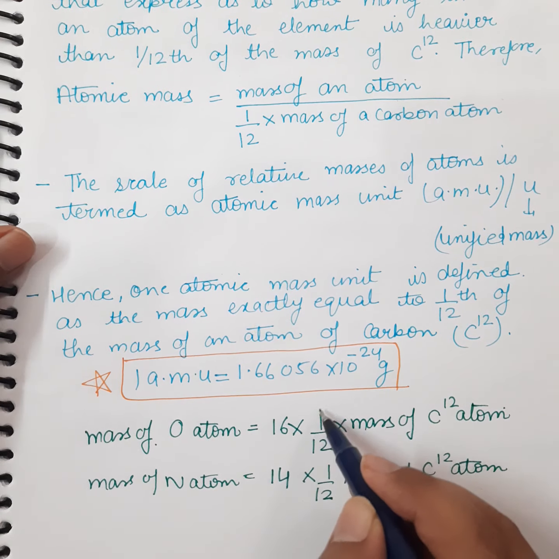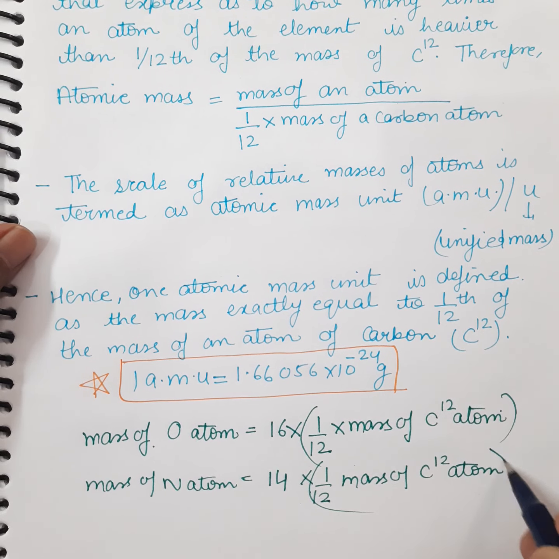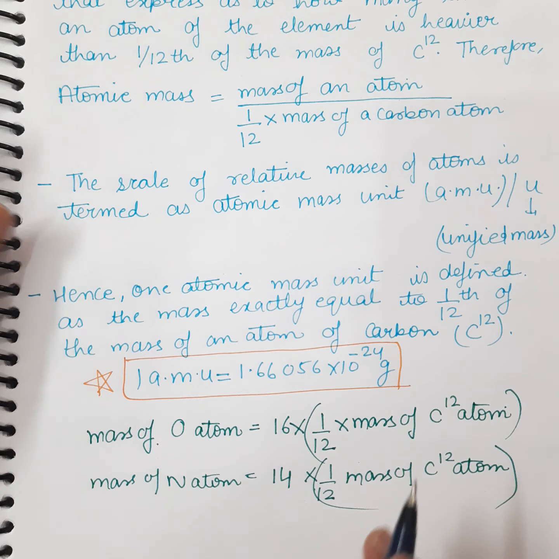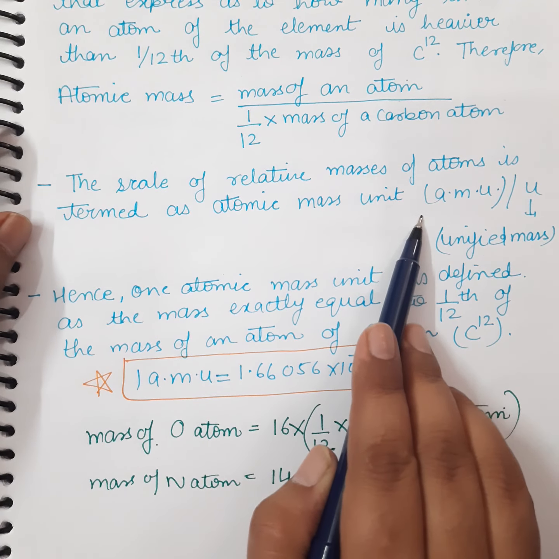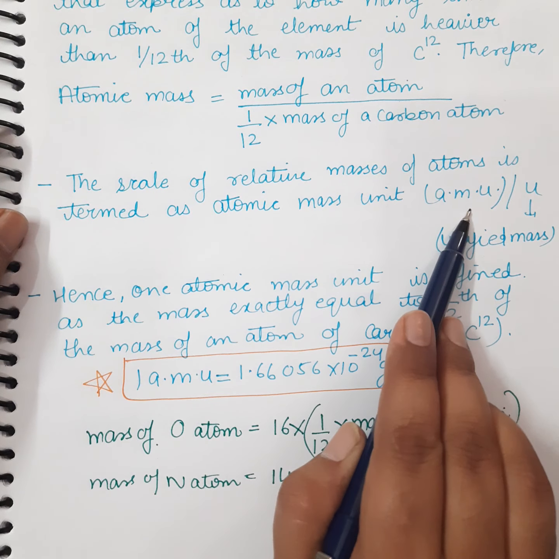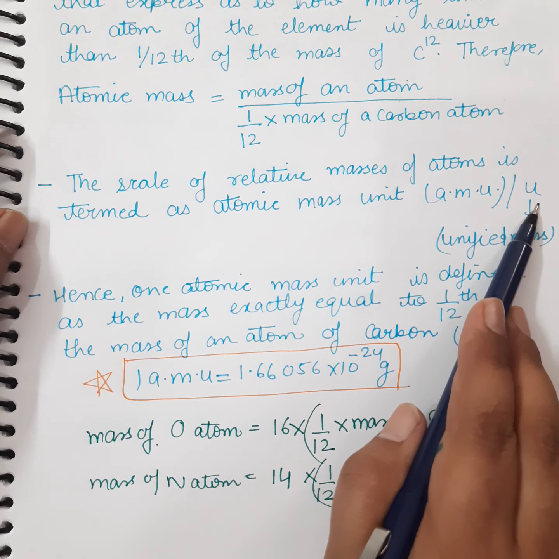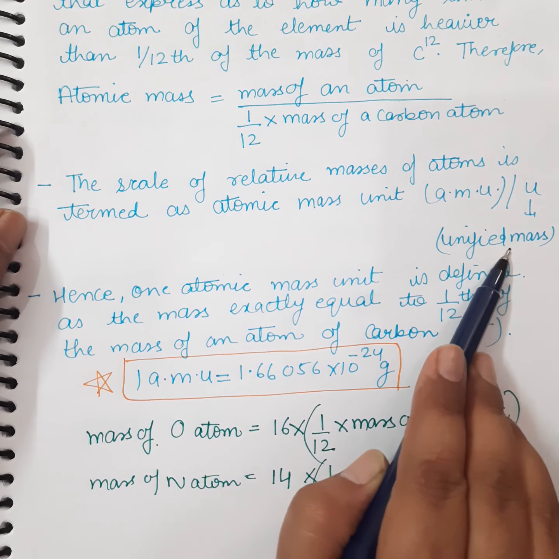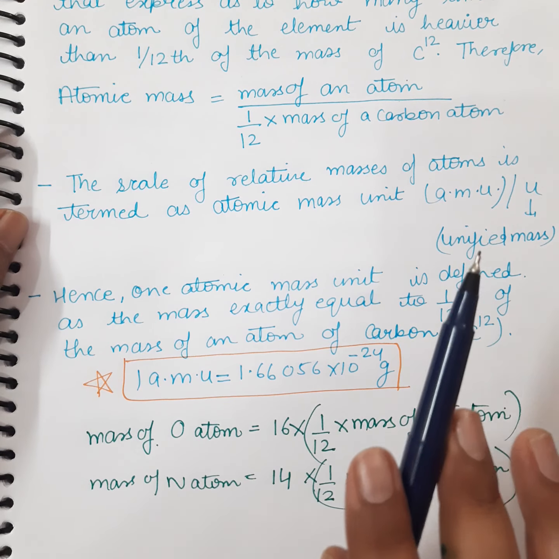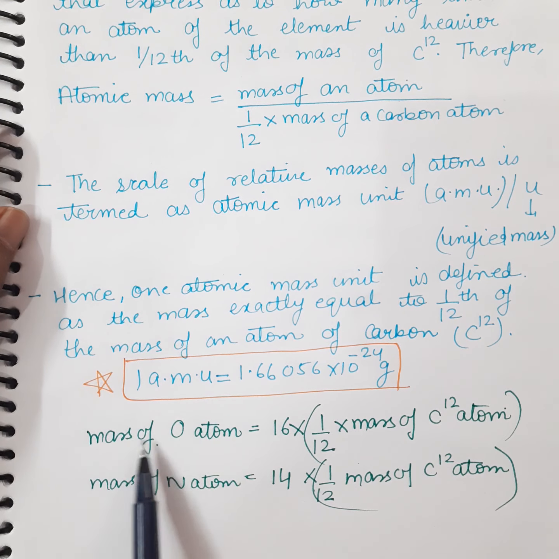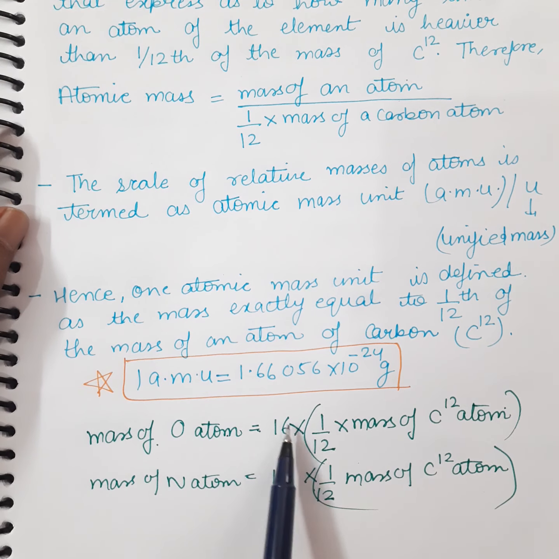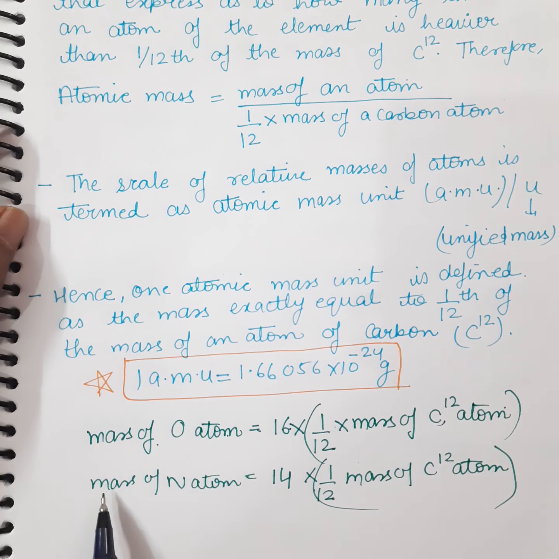When I remove this, it is known as AMU, atomic mass unit, or nowadays it is written as only u, which is known as unified mass. So the mass of an oxygen atom is 16 AMU, and the mass of a nitrogen atom is 14 AMU.